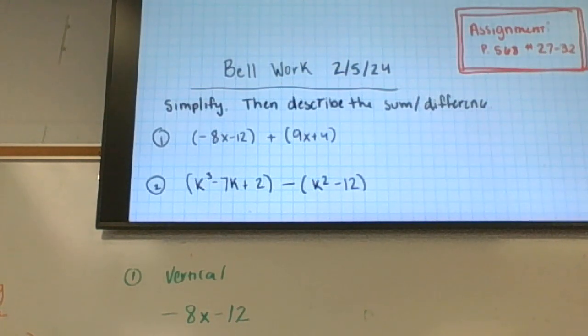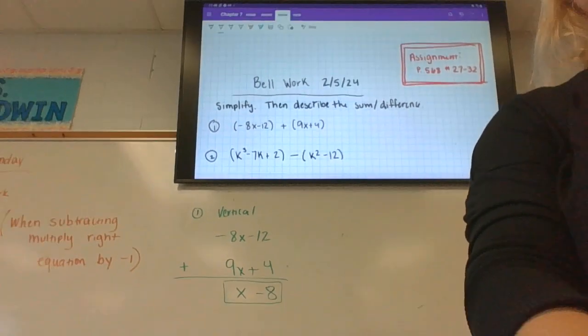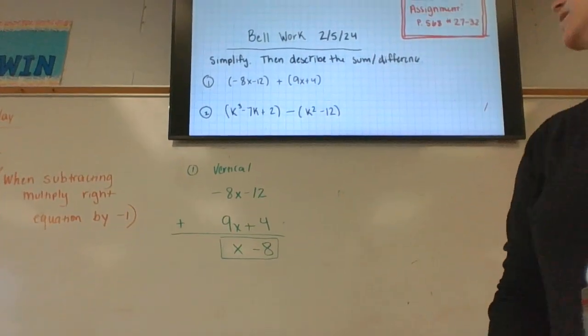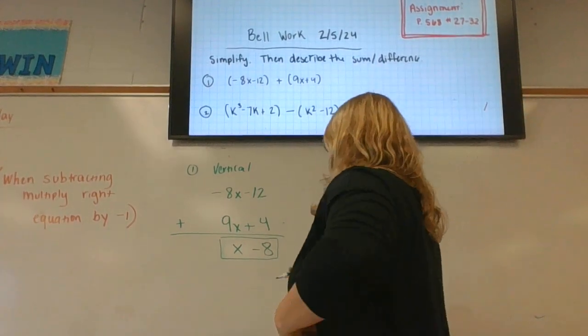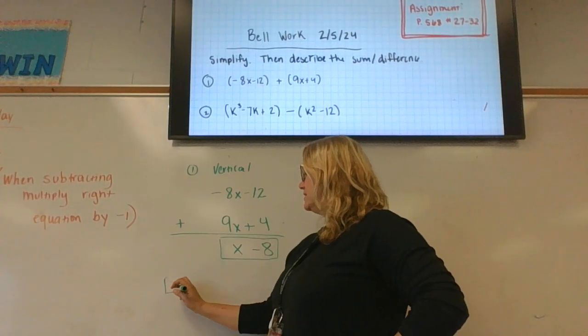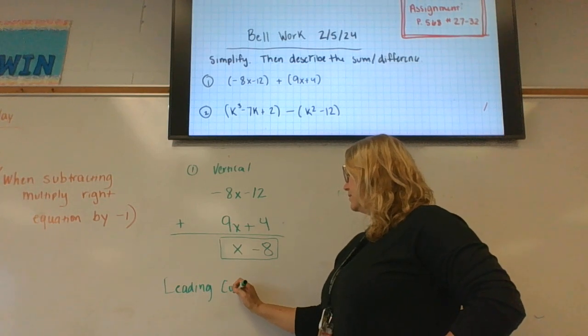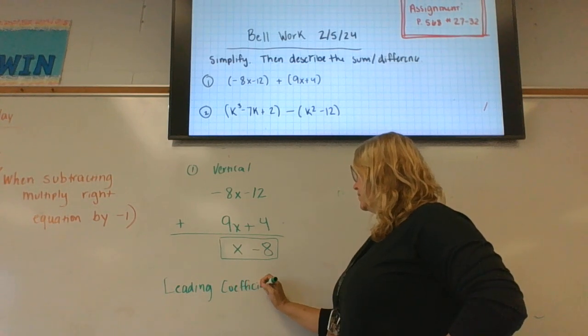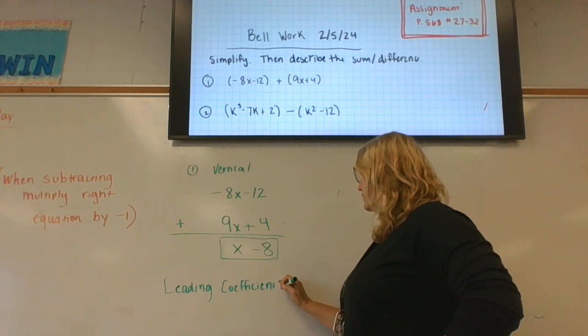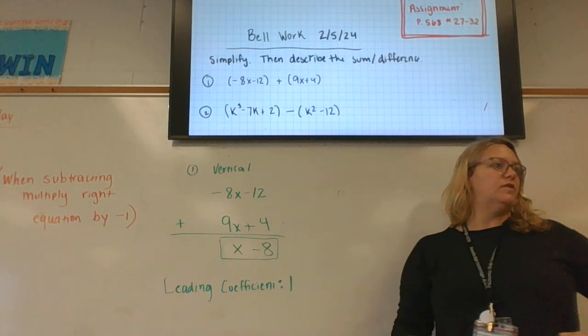Okay. And we're asked to describe that result. So I'm going to describe all these things that I just reviewed here. I'm going to say this has a leading coefficient of 1. There's an invisible 1 up front.